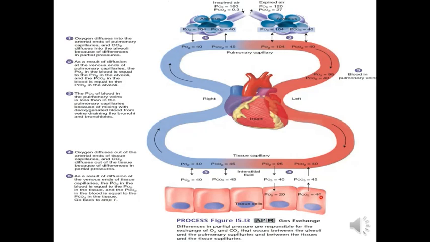Because of that, the partial pressure of carbon dioxide in the respiring tissues is high, while the partial pressure of oxygen is low. So carbon dioxide will diffuse into the tissue capillaries, while oxygen, whose partial pressure in the tissue capillaries is higher than in the respiring tissues, will diffuse into the respiring tissues. So we can see another gas exchange.